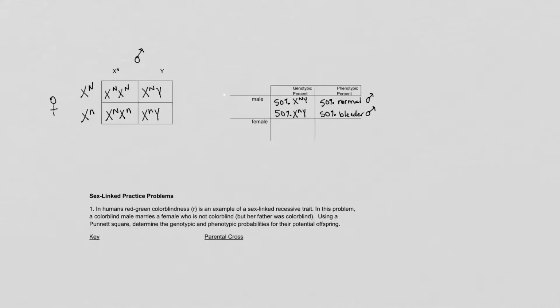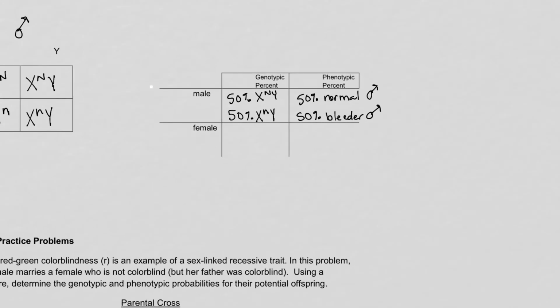For the females, you're going to have 50% homozygous normal and 50% heterozygous, but still normal phenotype. So 100% normal females.